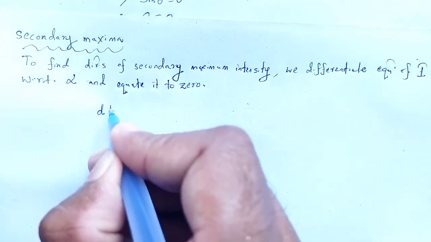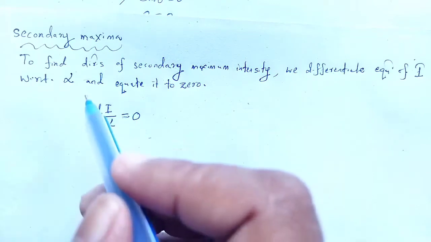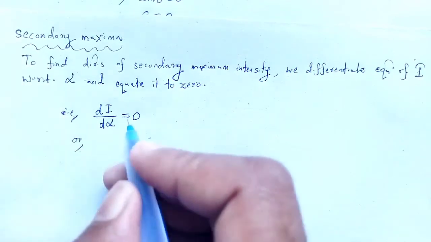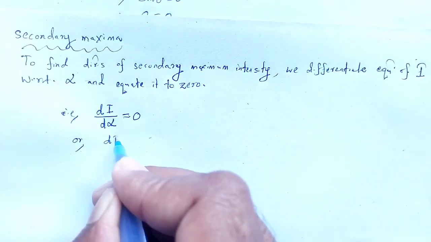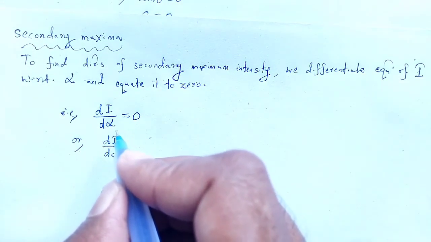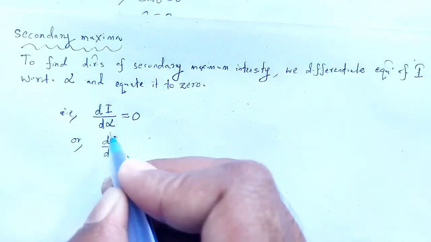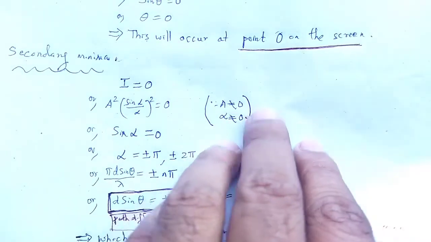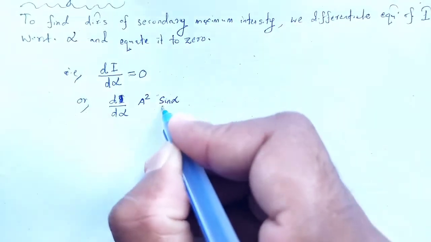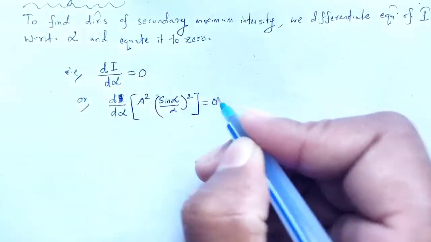Therefore, differentiating intensity with respect to alpha and equating it to 0, we can easily calculate the direction of the secondary maxima. So dI by d alpha equals d by d alpha of I naught, a square sin alpha by alpha square, is equal to 0.